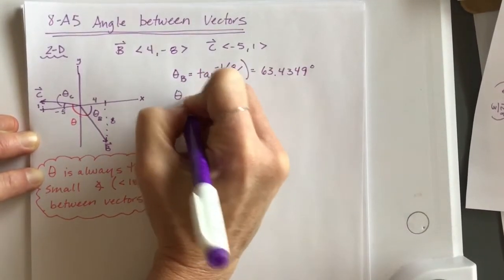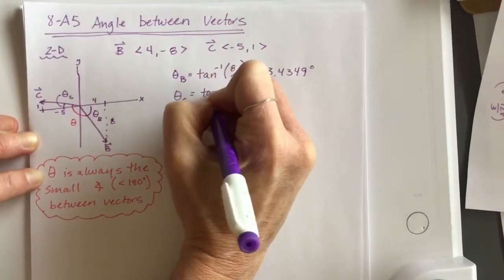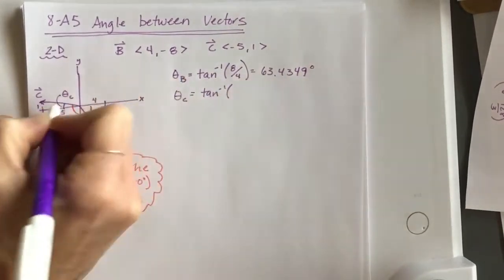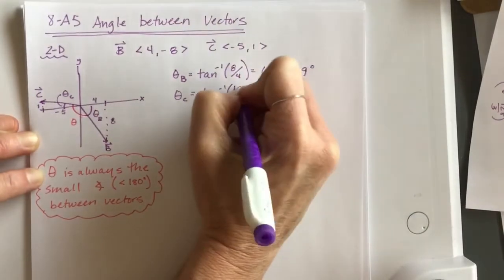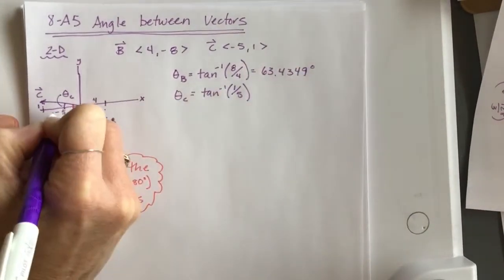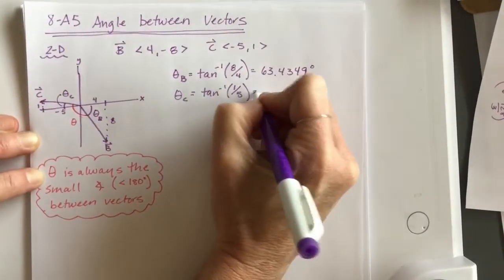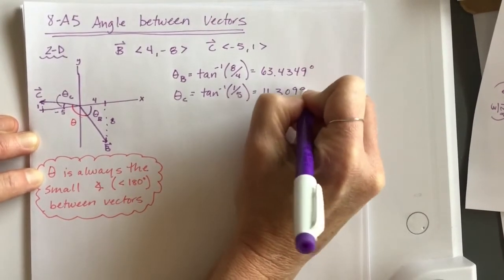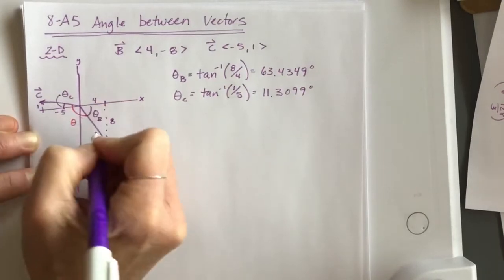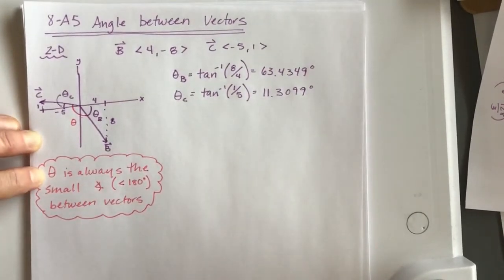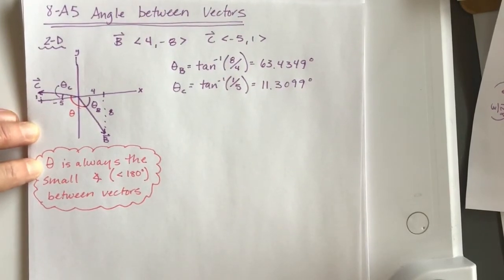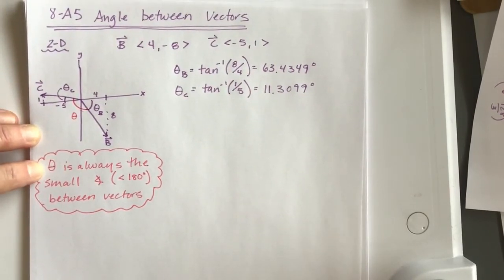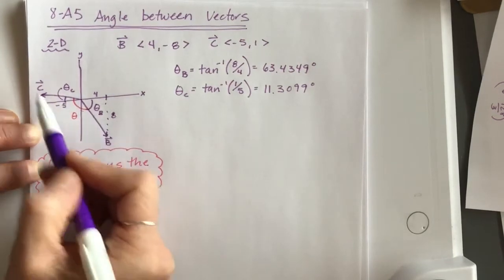Then theta C is inverse tan of opposite over adjacent, which is 1/5. I don't worry about the negatives. That's 11.3099. Because I have an accurate picture, I think that's more helpful than working with the negatives.